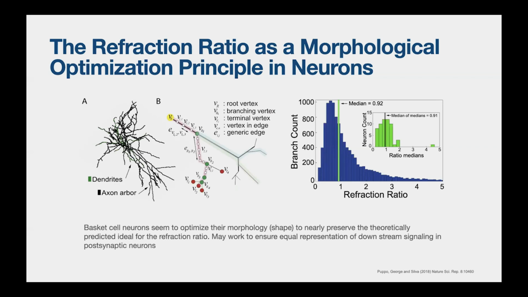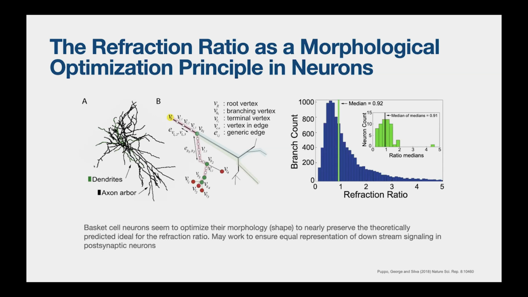We looked at high resolution reconstructions of individual neurons, in this case a population of basket cells, which are inhibitory interneurons. We calculated the refraction ratio along the axonal arborizations of, I forget the exact numbers, about 56 different reconstructions, a total of close to 15,000 individual branches.